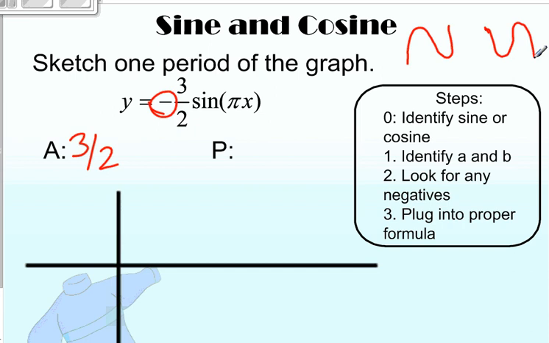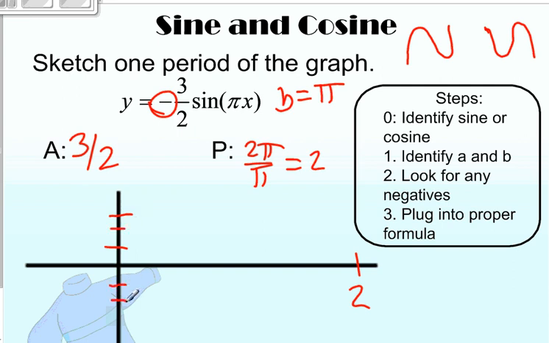So our period here is being affected by a b of pi. So 2 pi divided by pi is just 2. So we have 2 out here and 3/2 is in the middle.